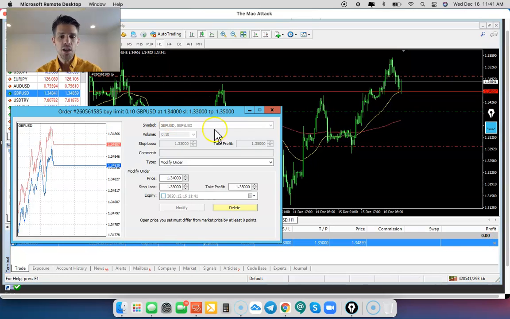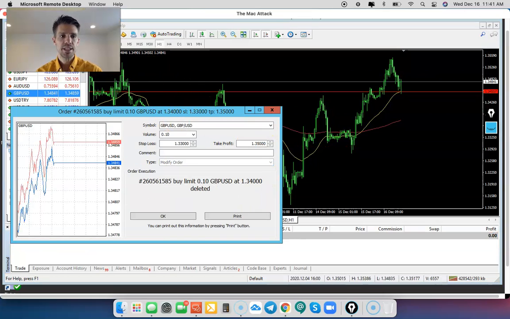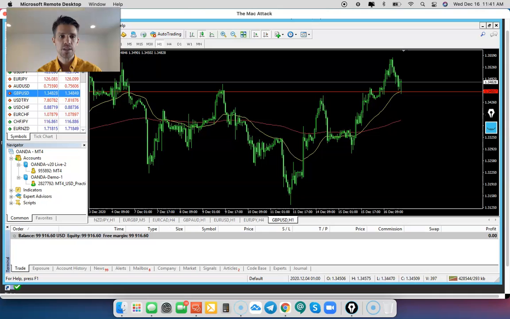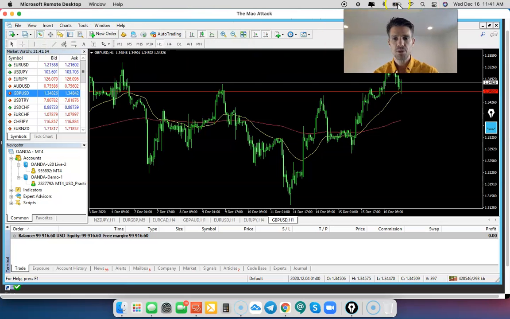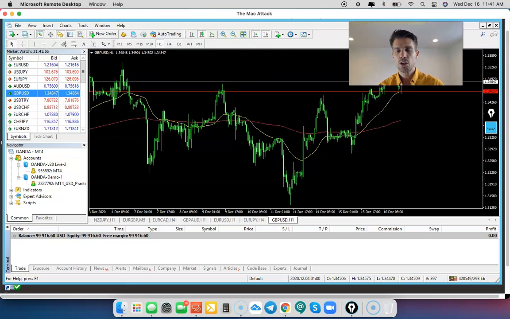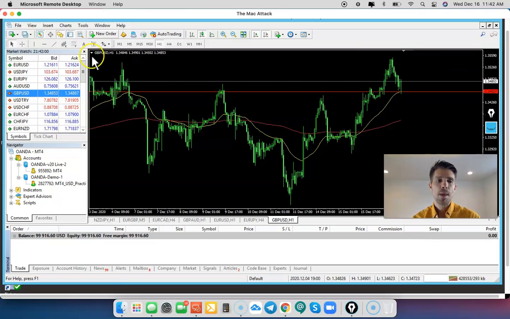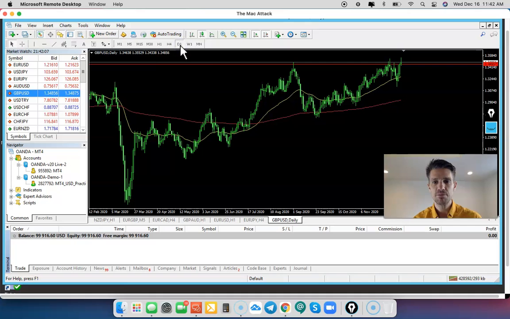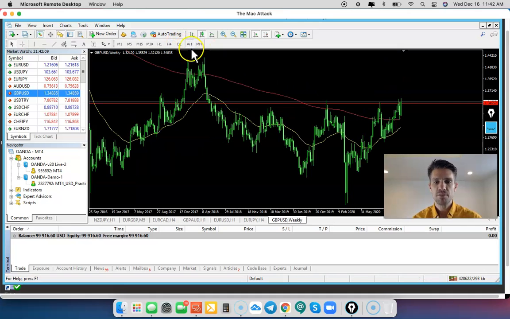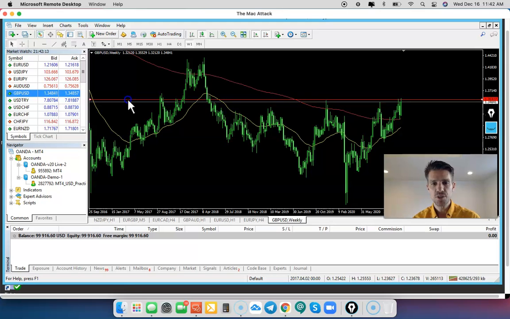Now, our other scenario would be a buy stop. So if, for example, let's go to a larger time frame. Let's go to the weekly chart. If I say, look, pound dollar looks really interesting.